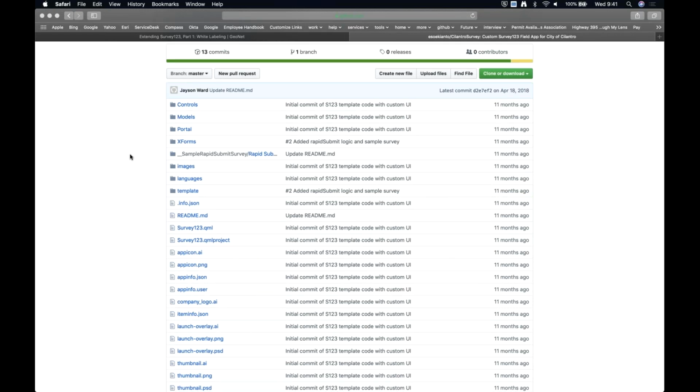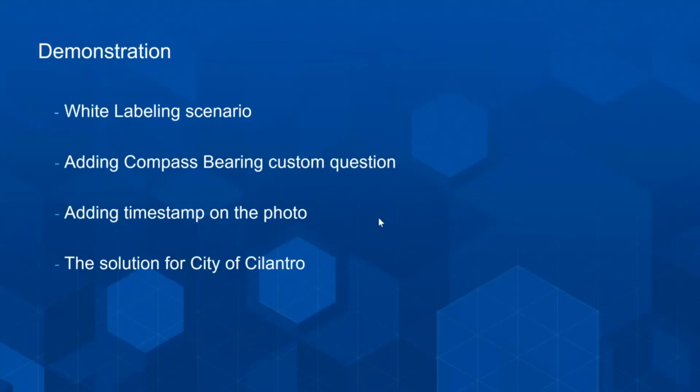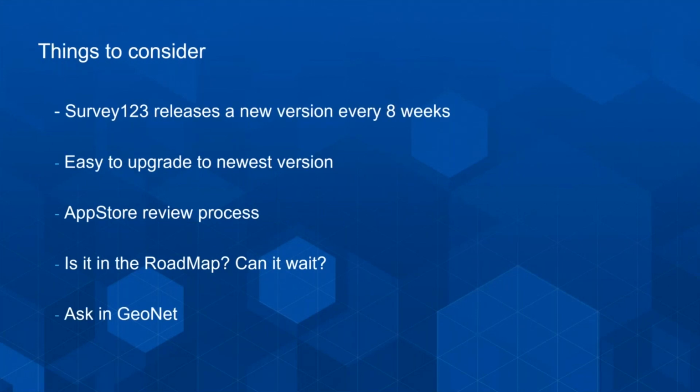So before I end my demo, I wanted to talk about a couple of things to consider before actually doing customization of Survey123. You know that Survey123 releases every 8 weeks, so make sure that the code changes you create are easy to upgrade to the newest version.